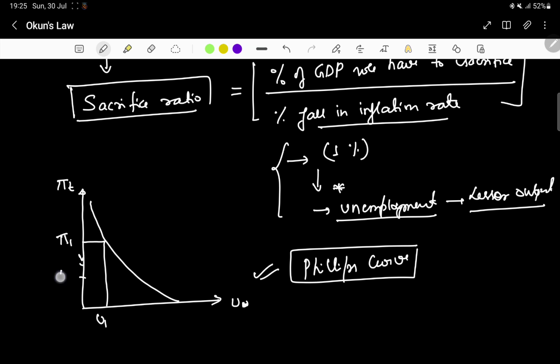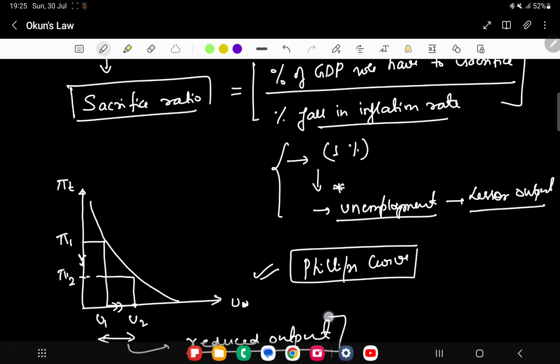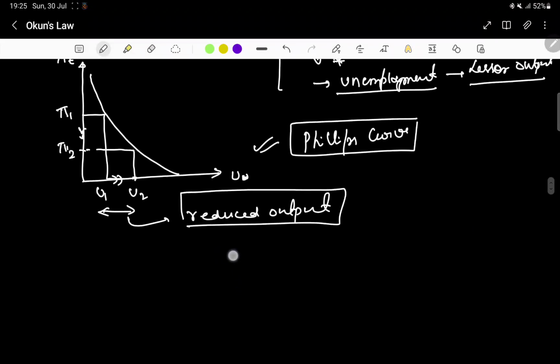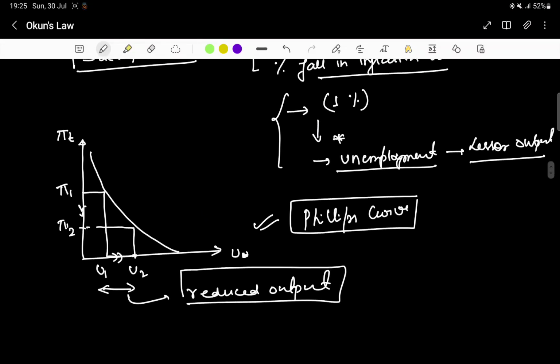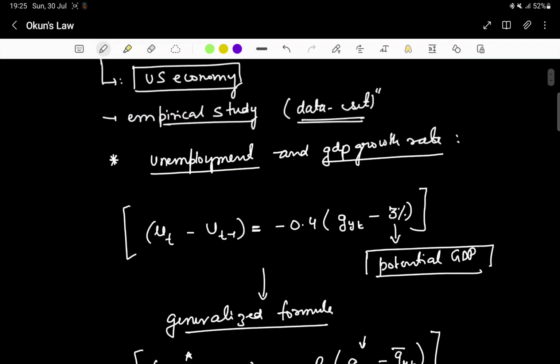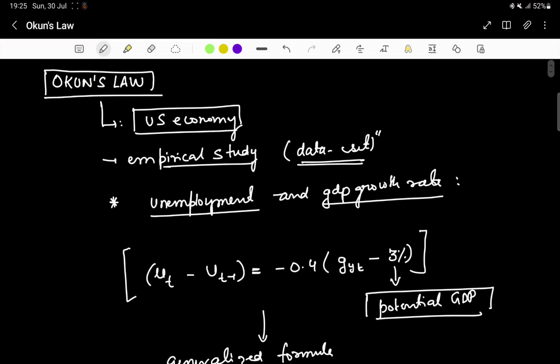If we want to reduce inflation from pi 1 to pi 2, we have to increase unemployment from u1 to u2, and this rise in unemployment will also be reflected in reduced output. So there is a relation between Okun's law, the sacrifice ratio and the Phillips curve. This we can analyze from this particular series.